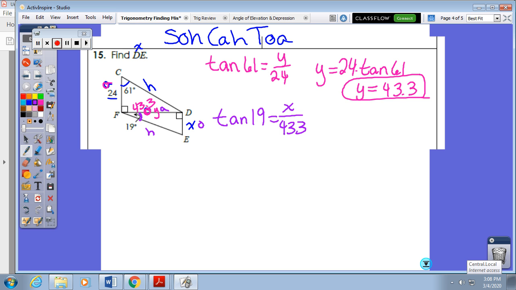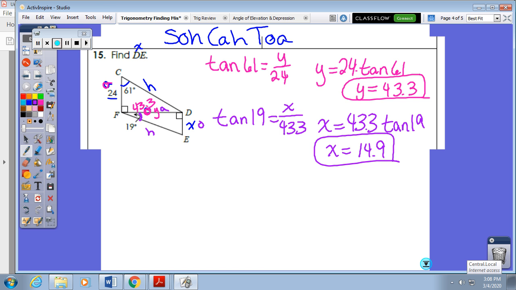Cross multiply. x is equal to 43.3 times tan of 19. Plug that in my calculator. x is going to be equal to 14.9. And that is DE. And that's what we were looking for up here.